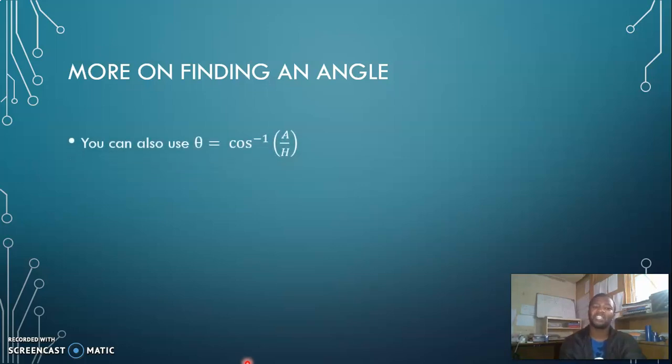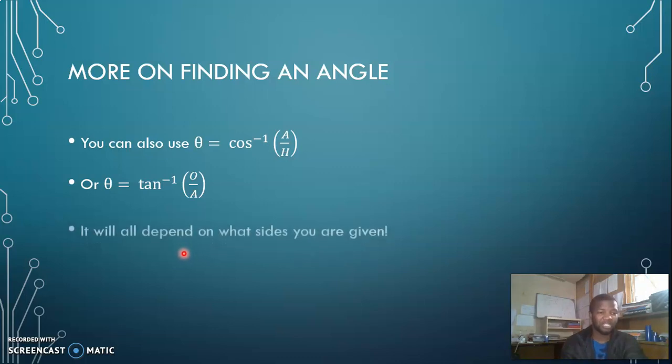You can also use other trigonometric functions. For example, you can use cos theta. So then your theta will be equal to the inverse of cos evaluated at adjacent over hypotenuse. Or you can also use theta is equal to the inverse of tan evaluated at opposite over adjacent.